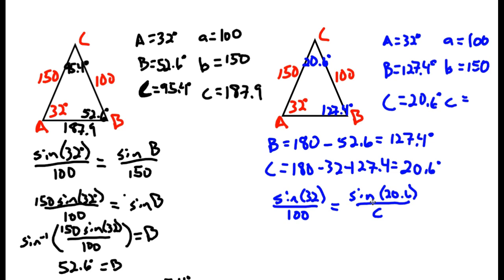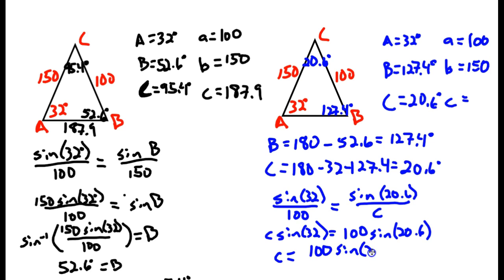Now, another way of thinking about solving something like this would just be to cross multiply. So if we do that, we end up with c times the sine of 32 equals 100 times the sine of 20.6. Then we would just divide both sides by the sine of 32 and get c equals 100 times the sine of 20.6 all over the sine of 32. And again, put that in the calculator.